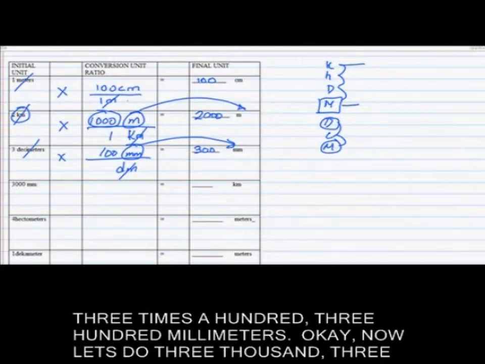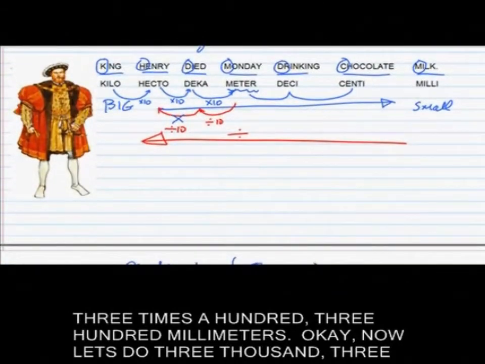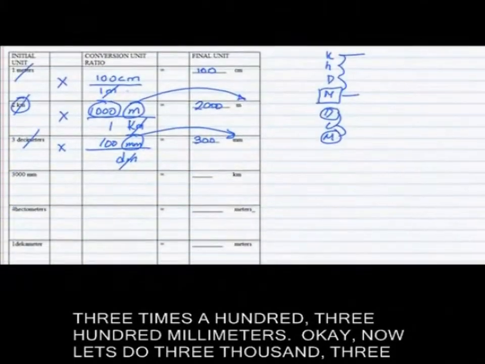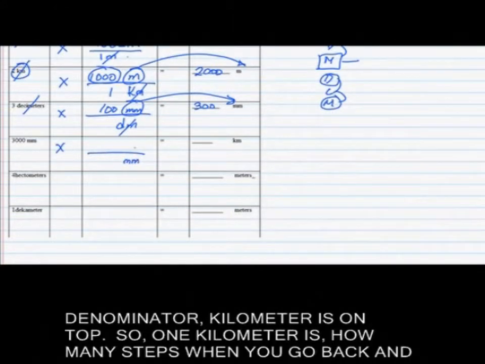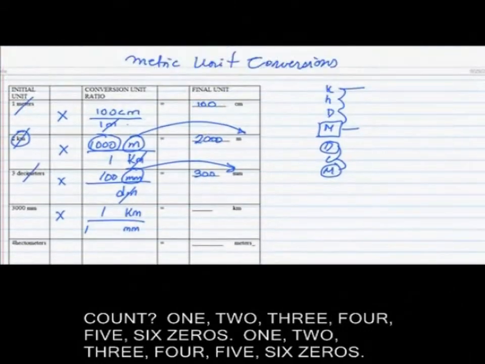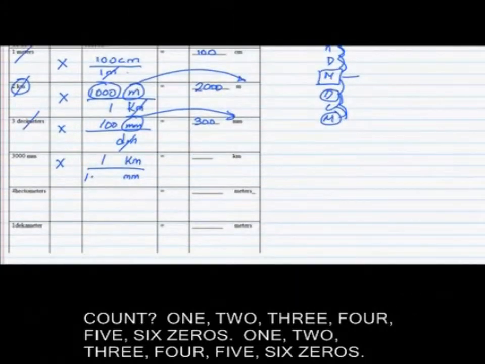Now let's do 3,000 millimeters. How many kilometers is that? Again, you're going to have millimeter in the denominator and kilometer on top. So 1 kilometer is how many steps when you go back and count? 1, 2, 3, 4, 5, 6 zeros.